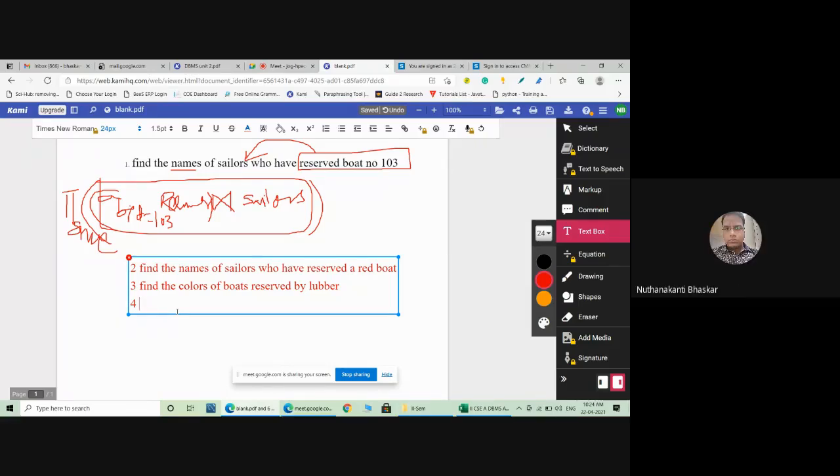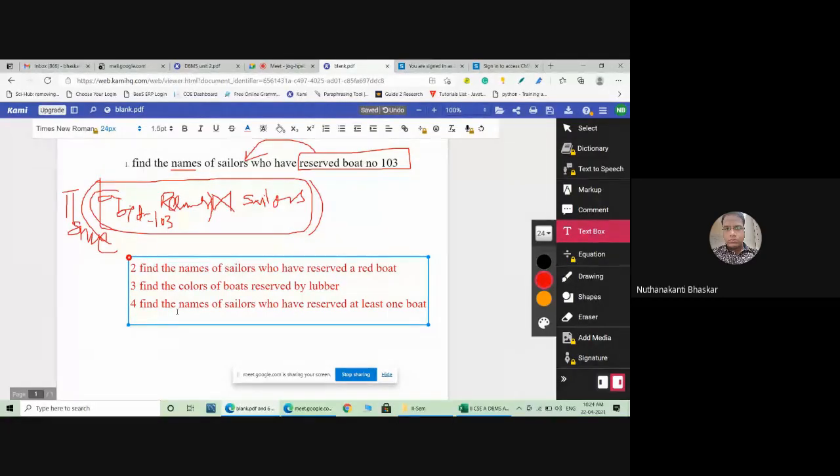Fourth one, find the names of sailors who have reserved at least one boat. Because some sailors, there is a chance, have not reserved any boat.